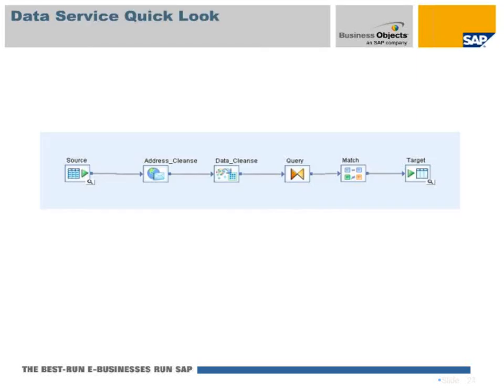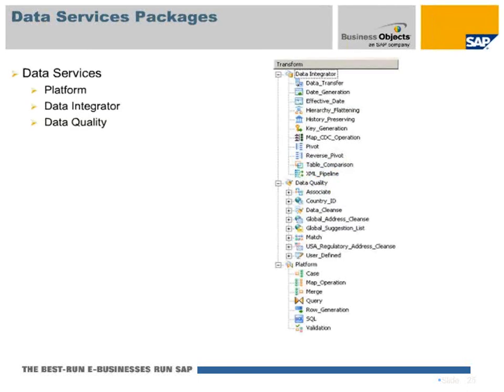And if you have seen Informatica or any of the workflows, you would find that this is the usual process of linking that they have, and data services is no exception. So different transforms are linked here, and then you would be able to move data from the source to the target and at the same time transform your data along the way. These are the different transformations that they have.